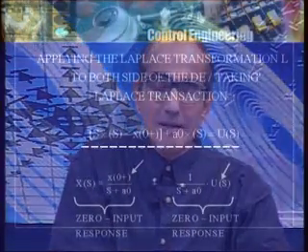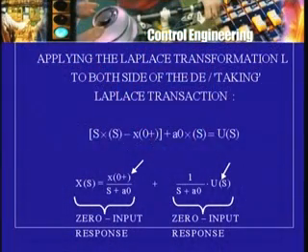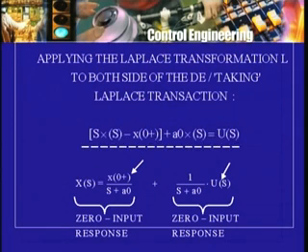Just going through it very quickly, dx on transformation gives you s x of s minus x0 plus a0 x of s equal to u of s, and therefore x of s, if you remember, was the sum of two terms. One of them involved the initial condition x0 plus divided by s plus a0, and the other term was 1 over s plus a0 multiplying u of s.